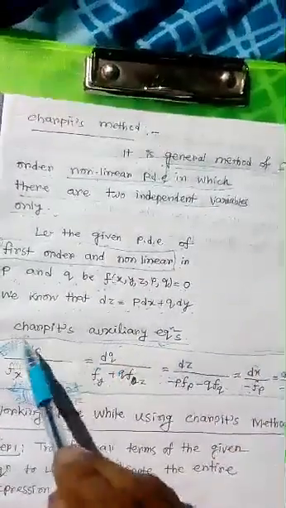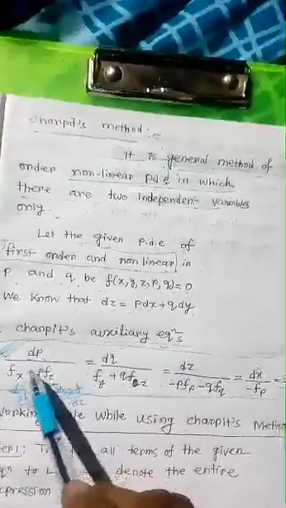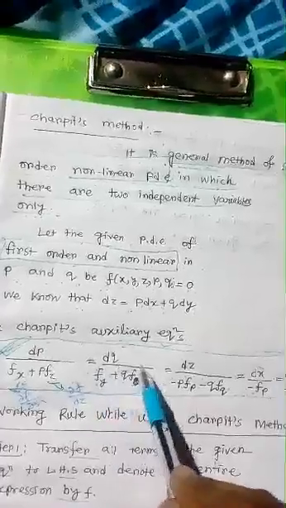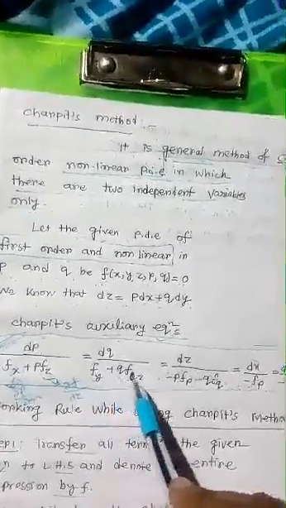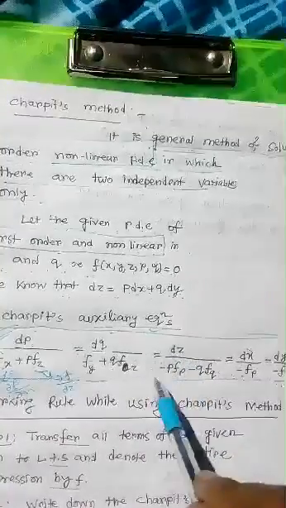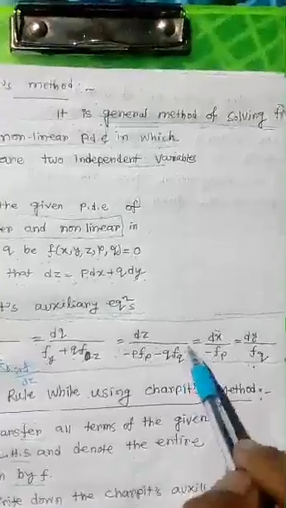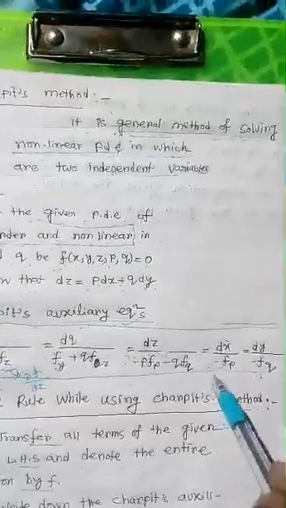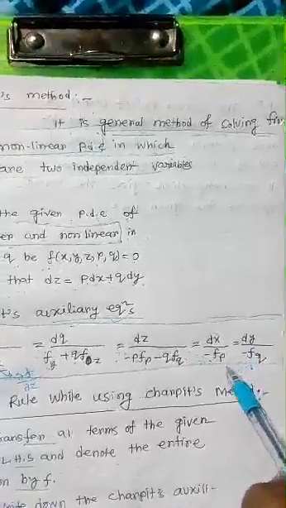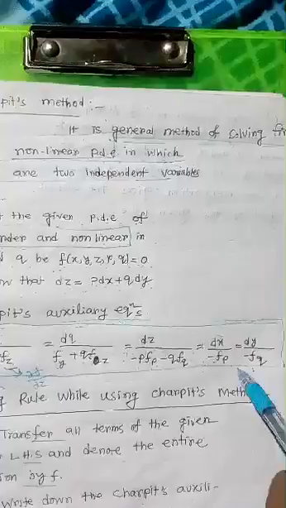So Charpit's auxiliary equations are dp by (fx plus p fz) equal dq by (fy plus q fz) equal dz by (minus p fp minus q fq) equal dx by minus fp equal dy by minus fq, which we should remember.